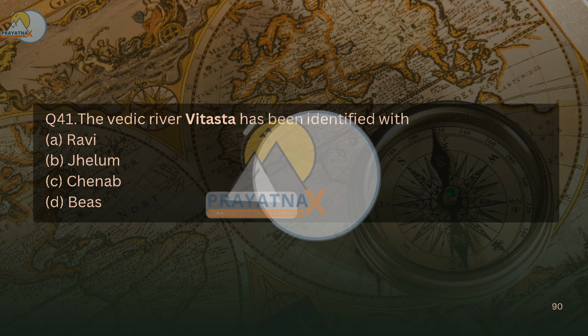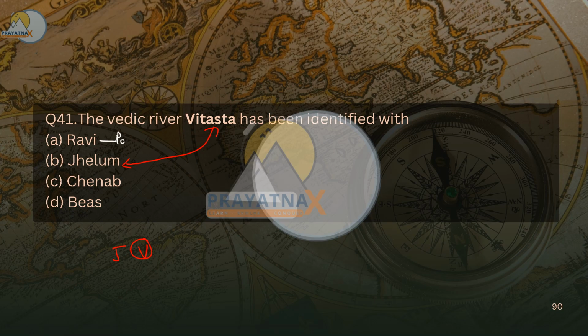The Vedic river Vitasta has been identified with. Now, just like I told you, whenever you come across V, you should be reminded of JV, joint venture. Now, which one of these rivers had a joint venture with Vitasta? It was Jhelum. Now, for river RV, it had public relation with which of the rivers?